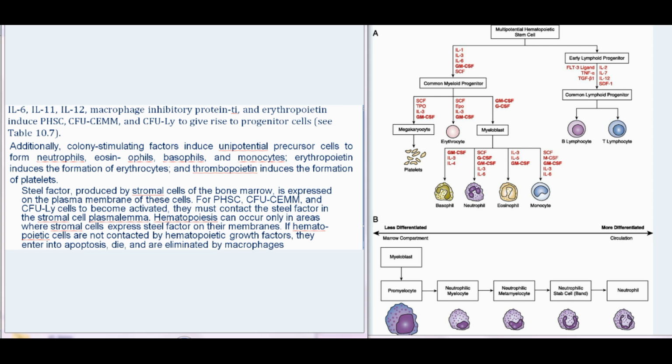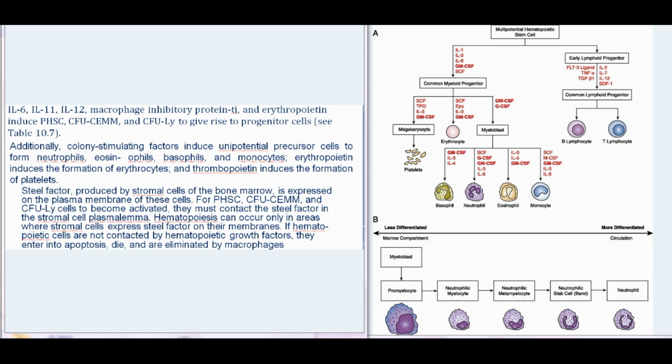Additionally, colony-stimulating factors induce unipotential precursor cells to form neutrophils, eosinophils, basophils, and monocytes. Erythropoietin induces the formation of erythrocytes, and thrombopoietin induces the formation of platelets. Steel factor, produced by stromal cells of the bone marrow, is expressed on the plasma membrane of these cells.